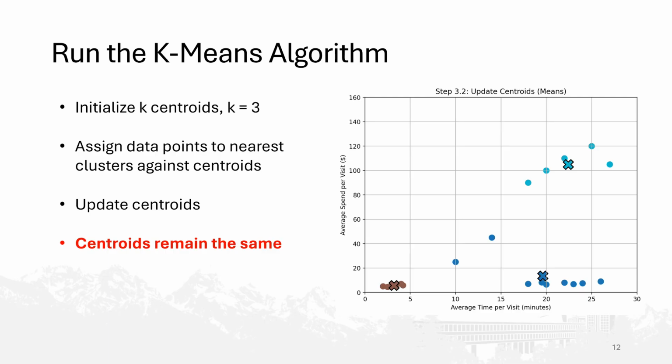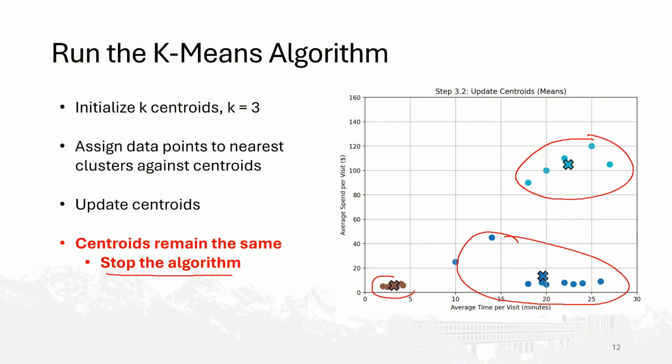So when we see the centroids remain the same, we can stop the algorithm, because we know that even if we keep running it, nothing will change. Then we have our clustering. Now we just divide our users into 3 groups, 3 clusters: the first cluster, the second cluster, and the third cluster here. So that's how the K-means algorithm works.